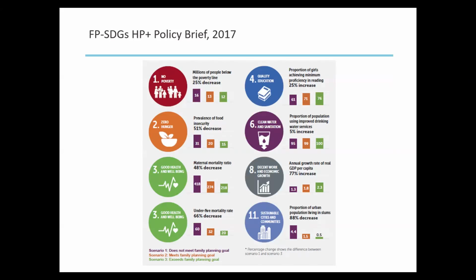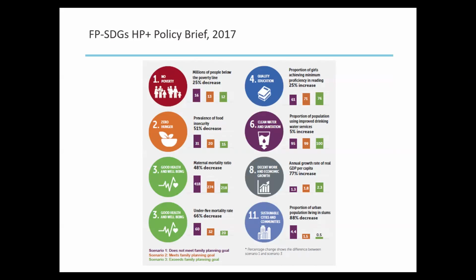You can see just a few selected here, 8 different ones, but they are looking at poverty, food security, health, as we've seen in some of the other ones, also impacts on education, water and sanitation, and income growth impacts.